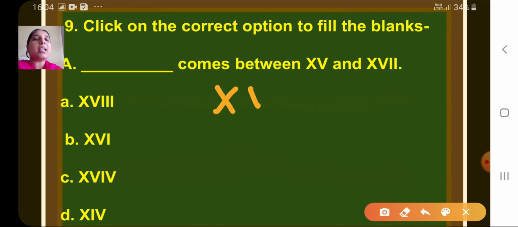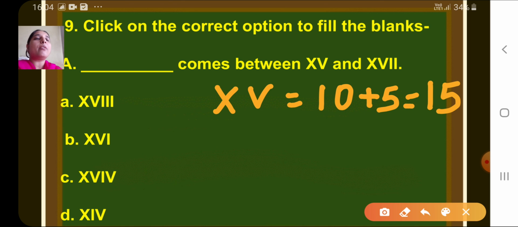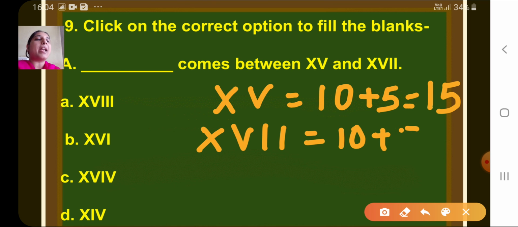XV means 10 plus 5, X stands for 10 and V stands for 5. So 10 plus 5, 15, whereas XVII means 10 plus 5 plus I twice, which can be written as 2. So this will be 17.